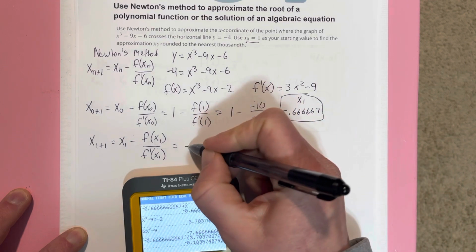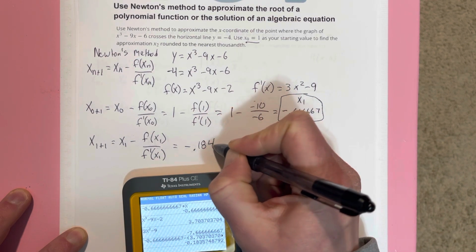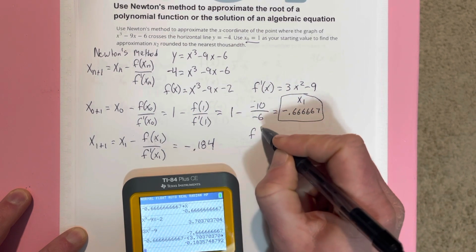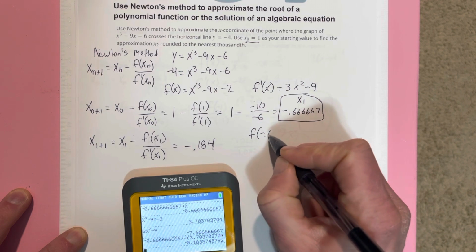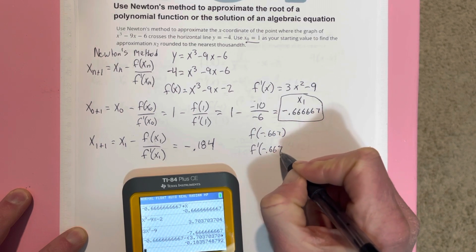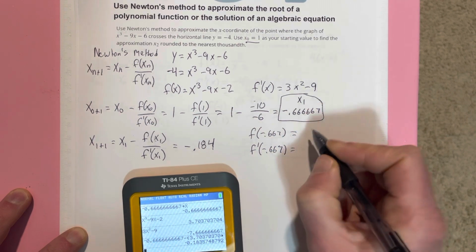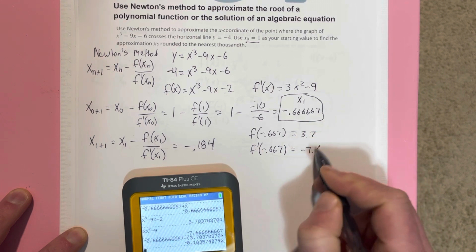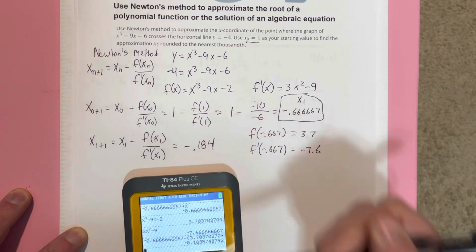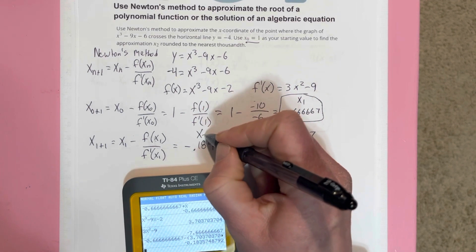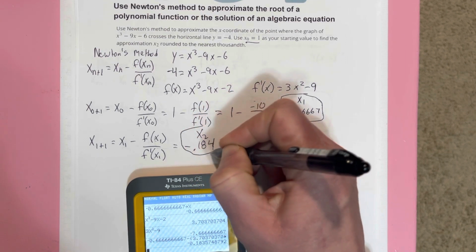So basically I evaluated what f of -0.667 was and what f prime of -0.667 was. And when I evaluated those, I got 3.67 and I got negative 7.6, and then I use those numbers in my calculator to do the subtraction. So this is what x2 is equal to, which tells us that this is an approximate solution for the above equation.